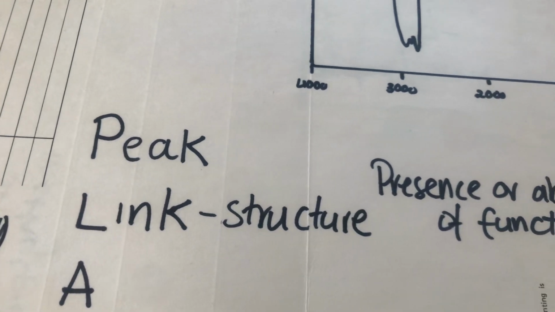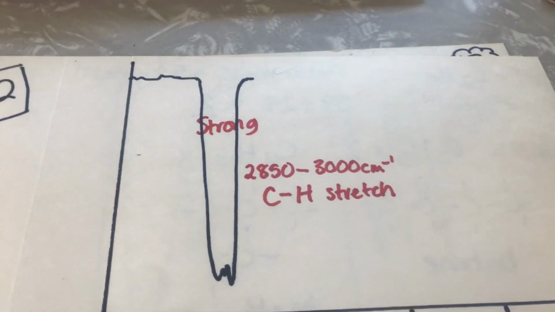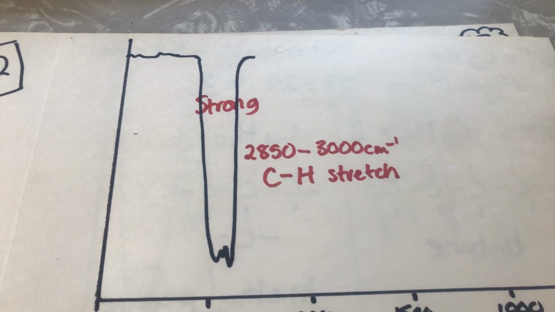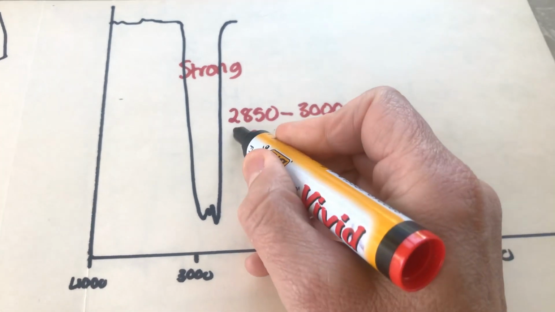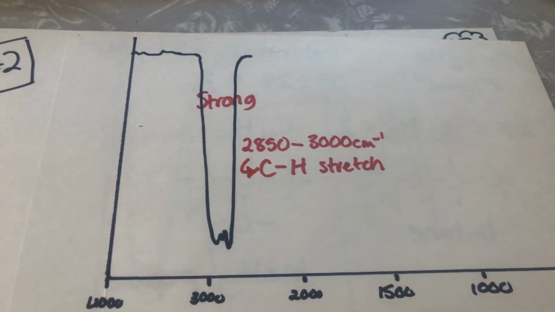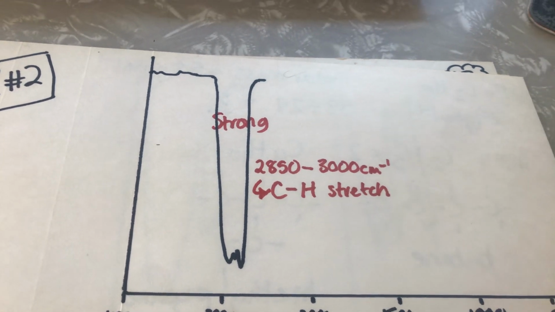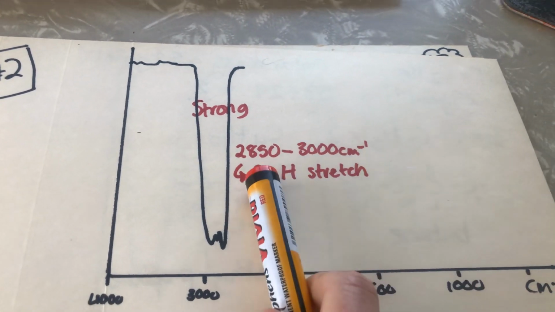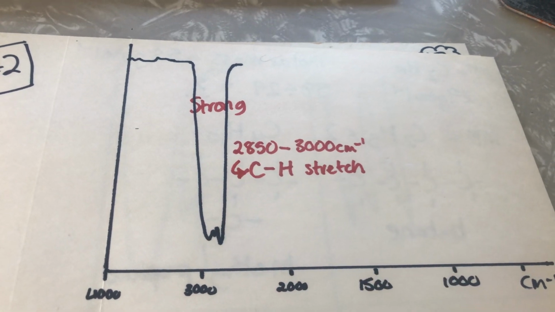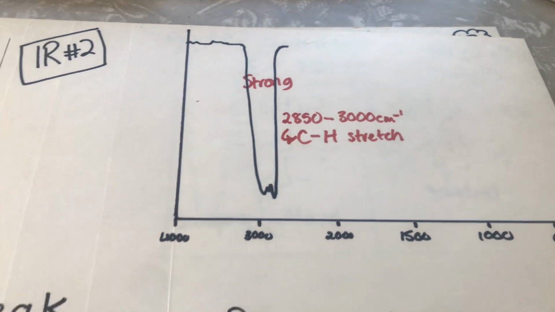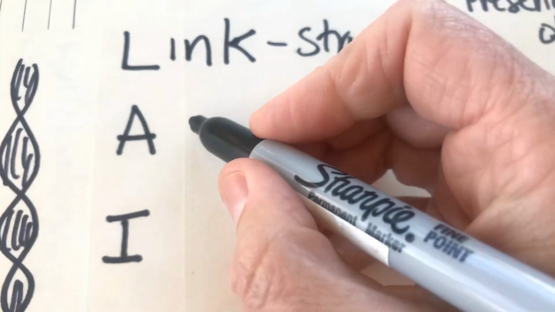So what I would say there is my peak at 2,850 to 3,000 is due to a C to H stretch. So I'm linking the peak, which was at 2,850, to something in the structure, in this case, a C to H. Third one, these two go together.